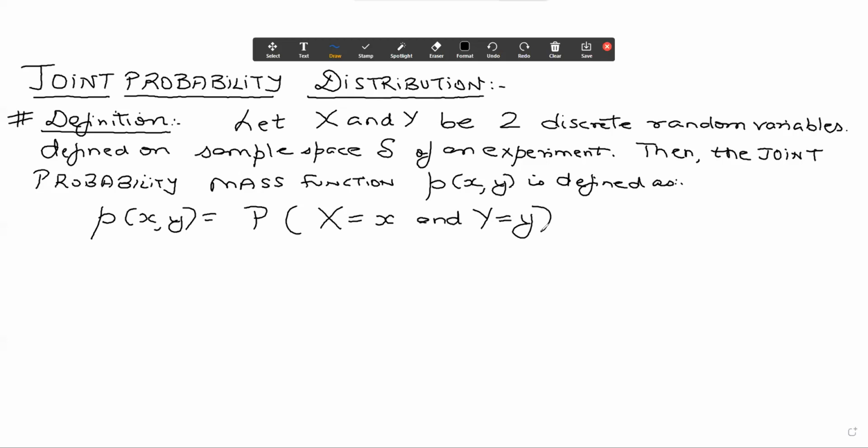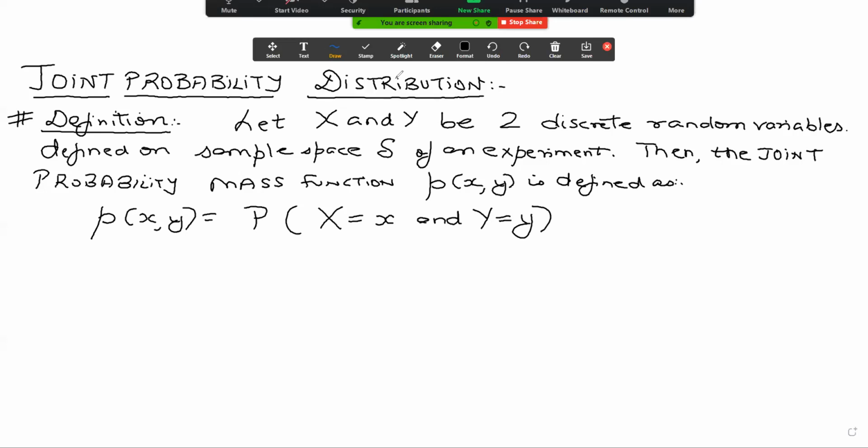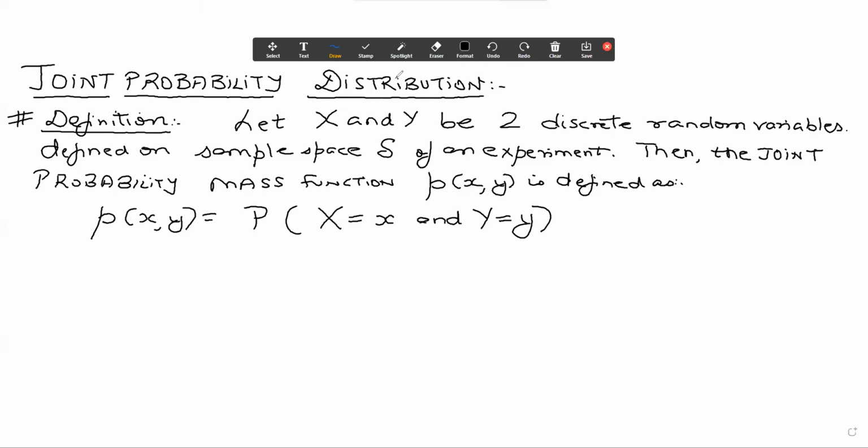So X and Y are two discrete random variables defined on the sample space delta of an experiment. The joint probability mass function P of small x comma small y is the probability that the random variable capital X takes the value small x and the random variable capital Y takes the value small y. Let's write a note.